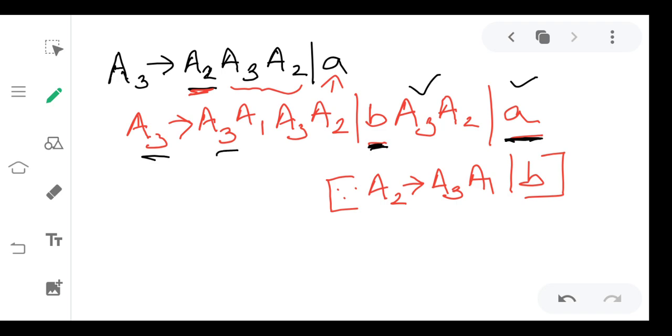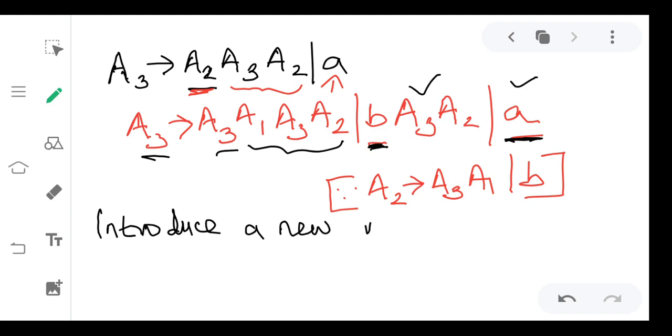Okay, so suppose the productions are of this form, A produces A gamma. What we have to do? We have to introduce a new variable. According to the theorem, we have to introduce a new variable Bi. I here is 3, so B3.